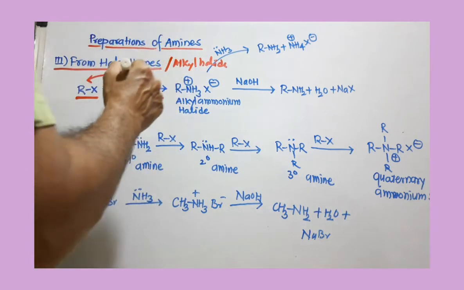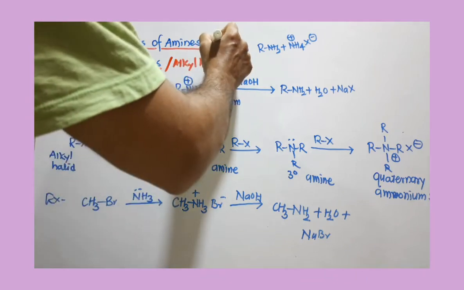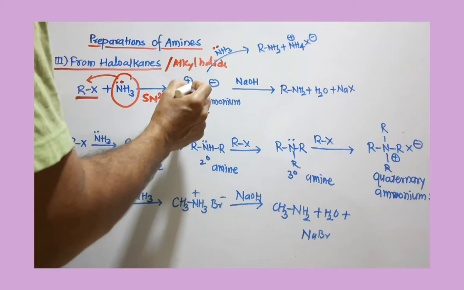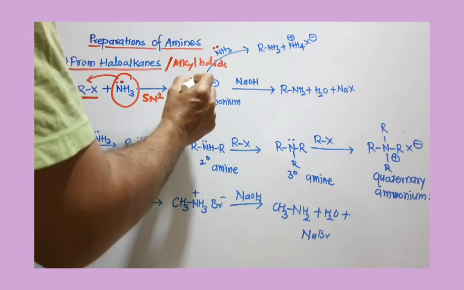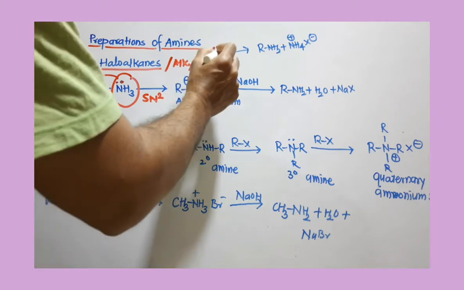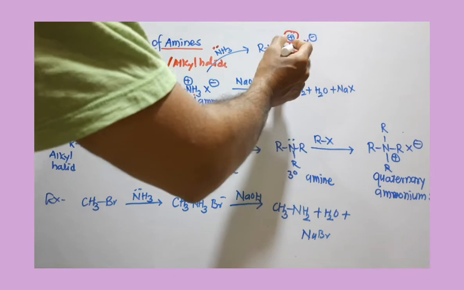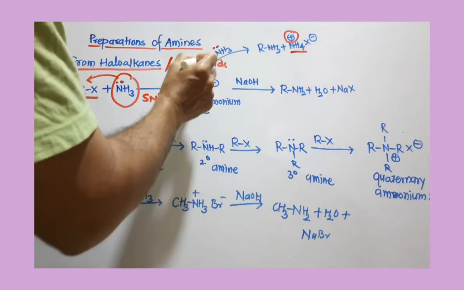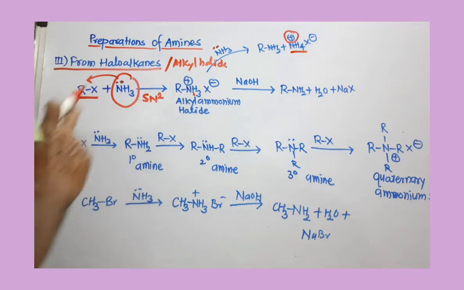But when you are using ammonia in excess, this ammonia now acts as a base, and it removes one hydrogen from this salt. When one hydrogen is removed, the ammonia becomes NH4, and a positive charge develops over this nitrogen, because the lone pair is utilized to join the hydrogen taken from this salt.